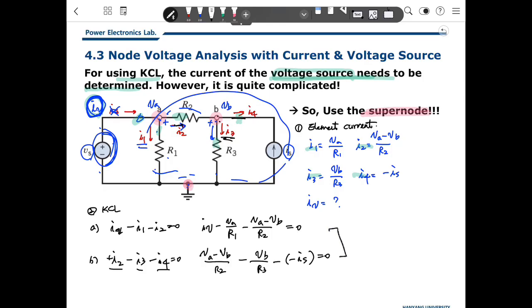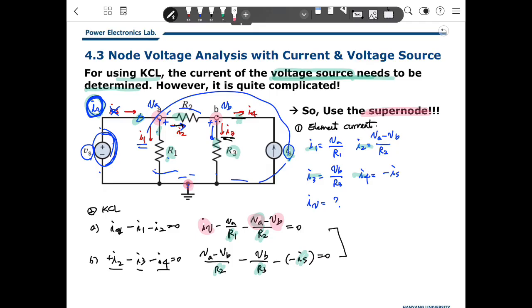To solve equations, because there are two equations, we can solve them when we have only two unknown variables. If we know the system, that means R1 and R3 and those values are known, then the unknown variables are VA, VB, and IV.